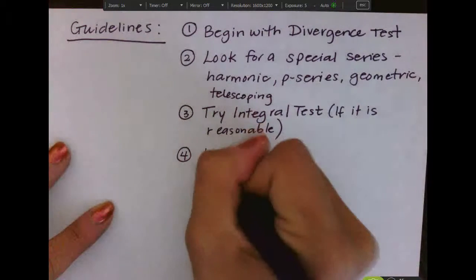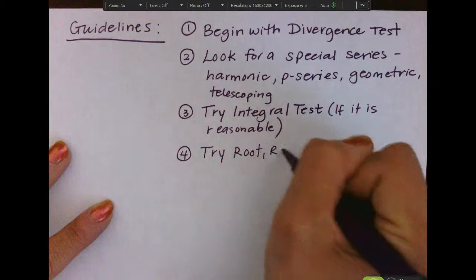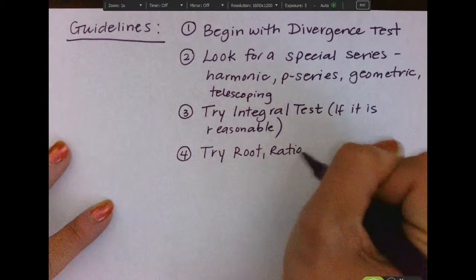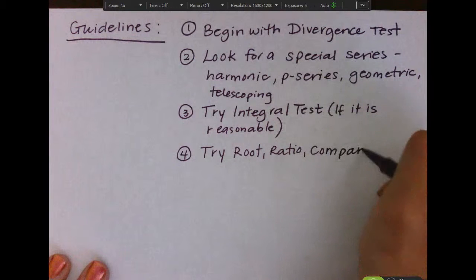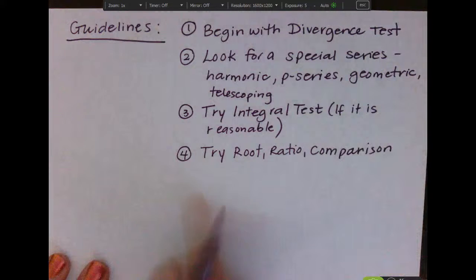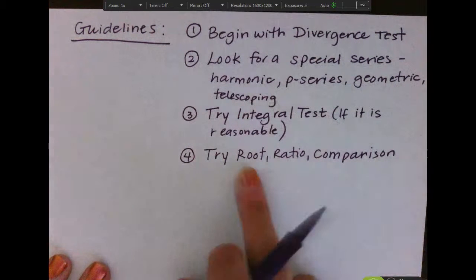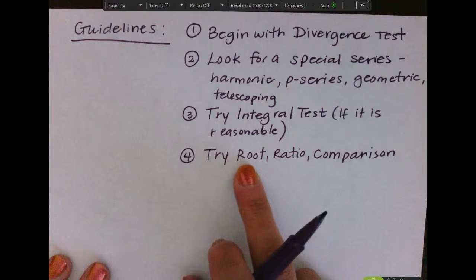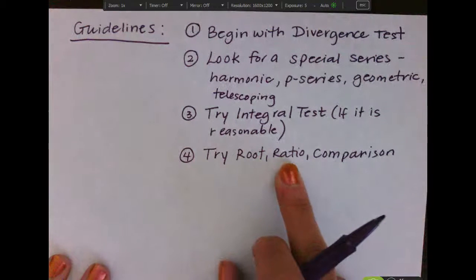And then finally, if none of those works, then you might go with your root, ratio, or comparison test. The thing about these three tests is that they're very limited in terms of when they're convenient. So it's often not convenient to compare the ratio of two terms in a series.